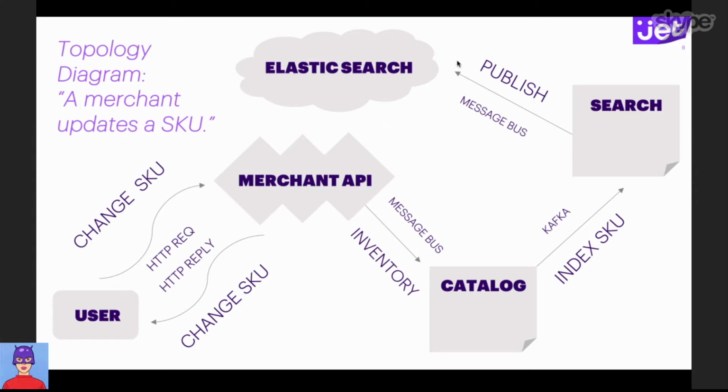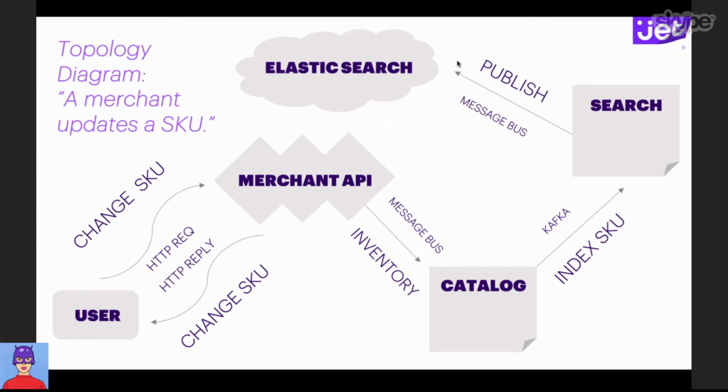So all of these interactions basically comprise updating a SKU. The merchant logs on, changes a SKU, it publishes asynchronously to a few different topics in Kafka maybe, and downstream some Elasticsearch index is updated with the new price.